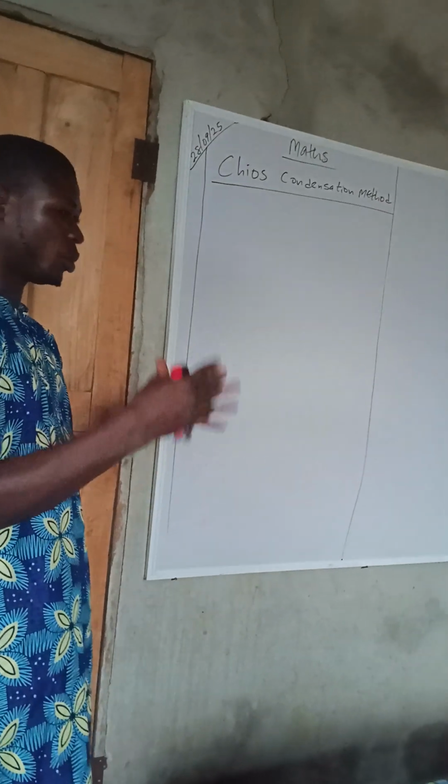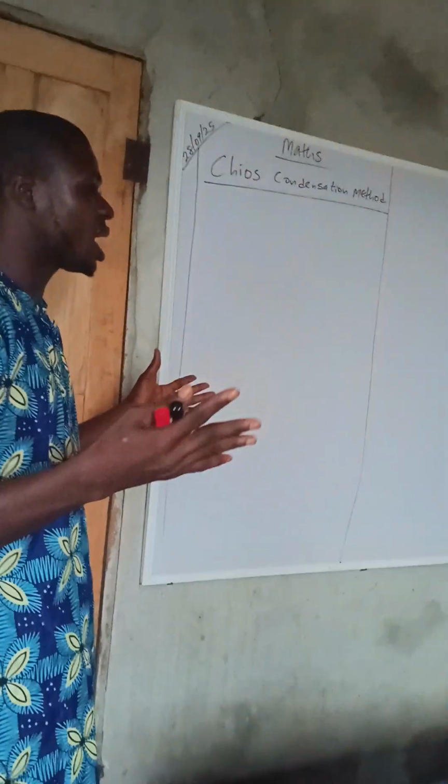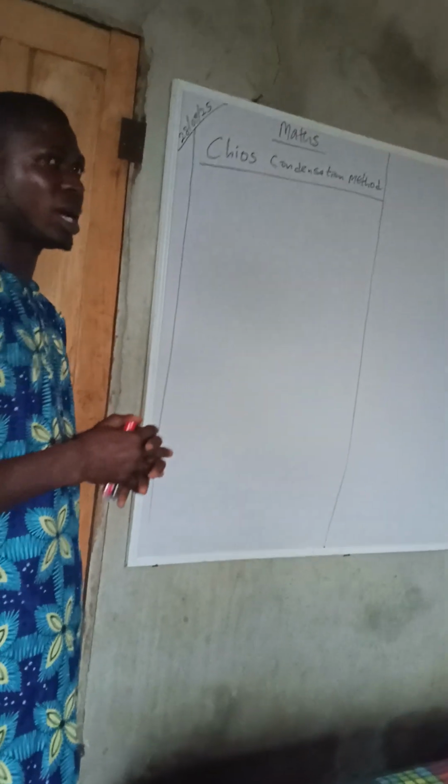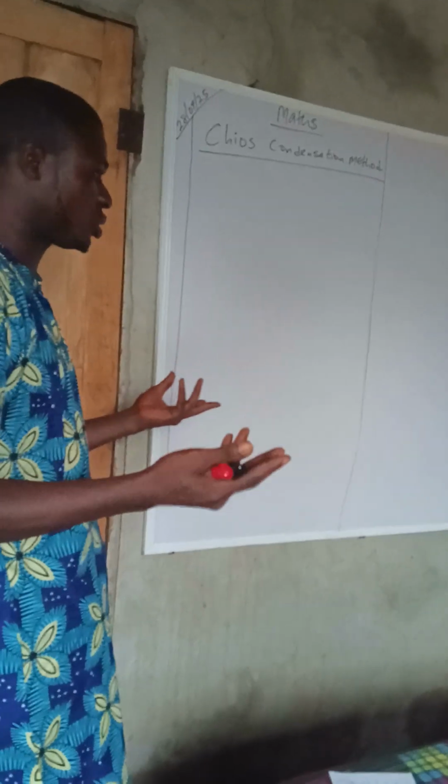2 by 2 matrix. That is, when you are given a higher order matrix, like matrix of order 5 by 5, I'm talking of square matrix.